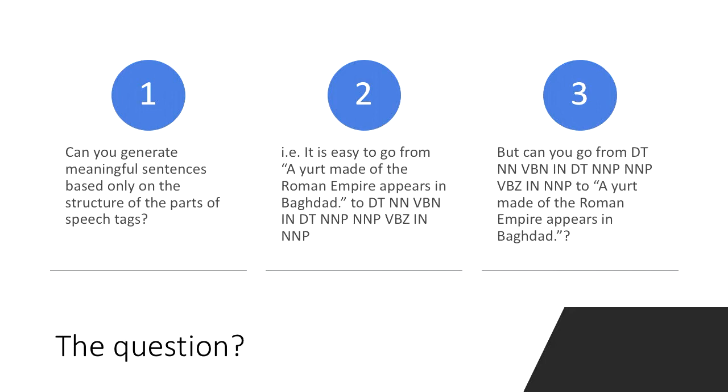Let's see if we can go from a string of parts of speech tags back into a meaningful tweet in English. It's obviously easy to go in the first direction, from the sentence to the parts of speech tags, but can you go in the reverse direction? That was my hypothesis, the question I set out to answer.